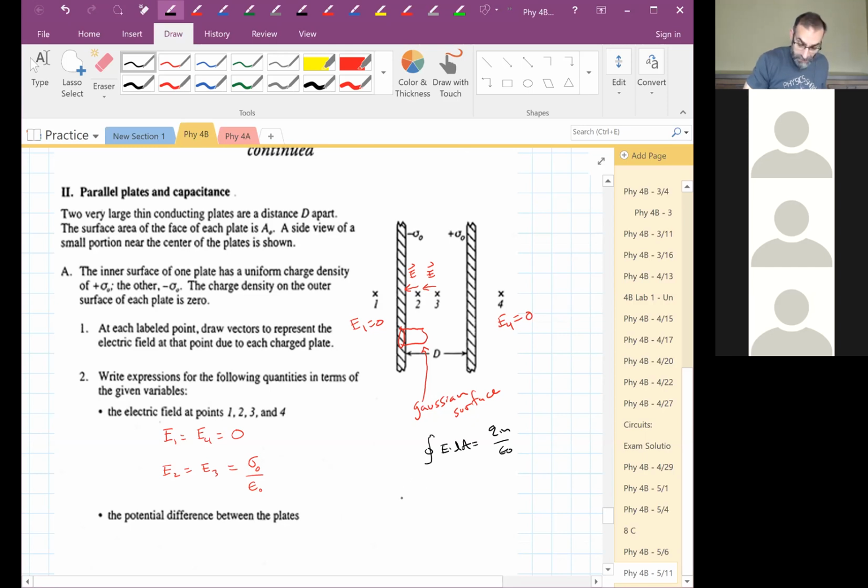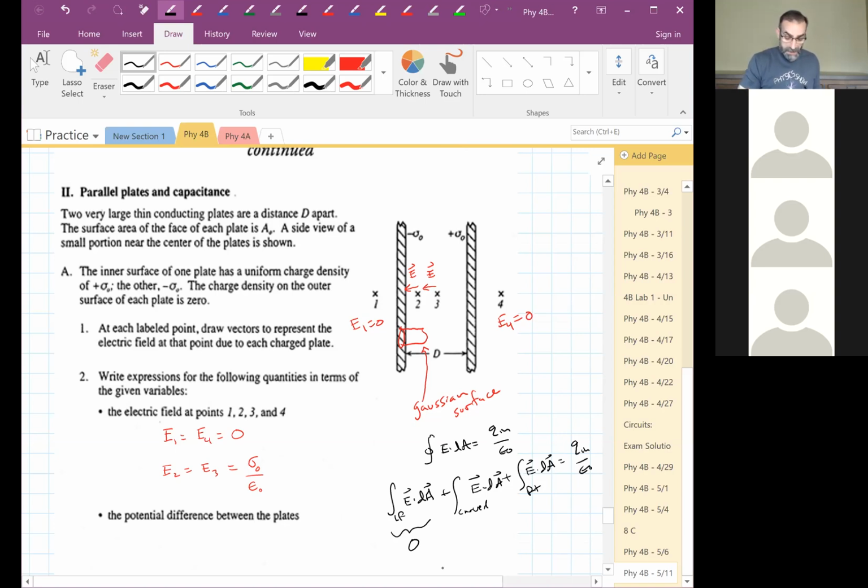And that integral could be over the left side of our cylinder and over the curved side of our cylinder and over the right side of our cylinder. And that has to equal Q in over epsilon naught. And of course, the left side is 0 because it's inside of a conductor.